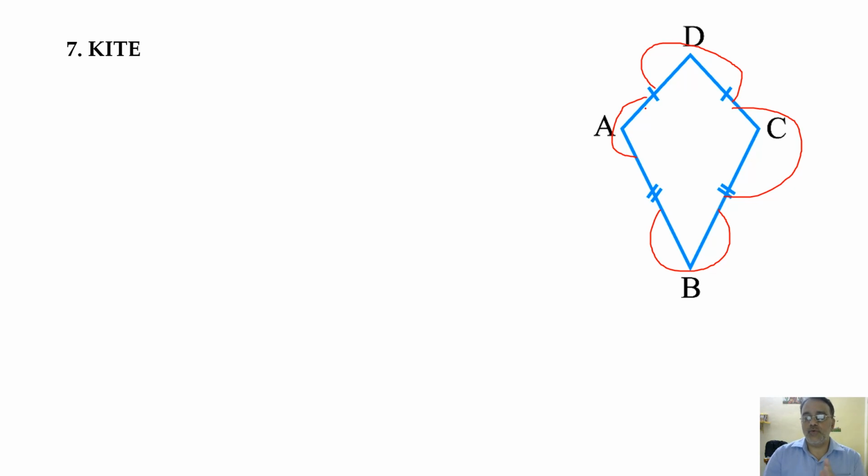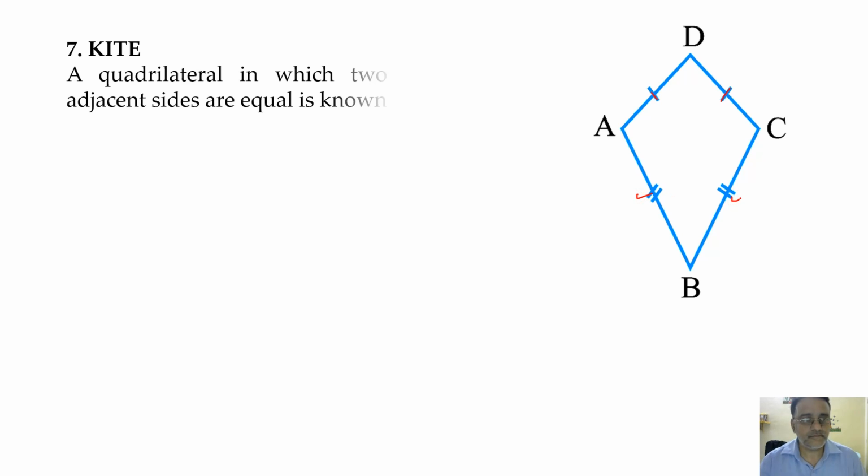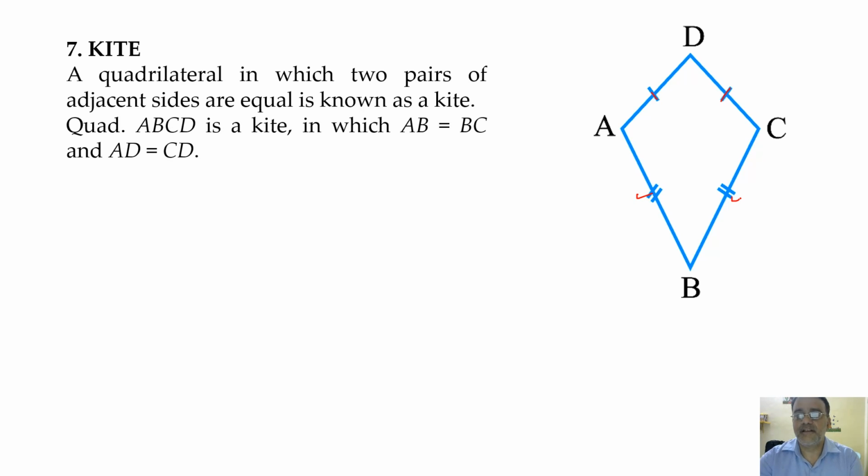Okay, two sides having the same common vertex are called adjacent sides. तो यहाँ पे A common है, इन दोनों में B common है, इन दोनों में C है और इन दोनों में D common है. So out of 4 pairs of adjacent sides, 2 pairs of adjacent sides are equal. So this is equal to this one and this is equal to this one. Okay, and here in this figure AB is equal to BC and AD is equal to CD.